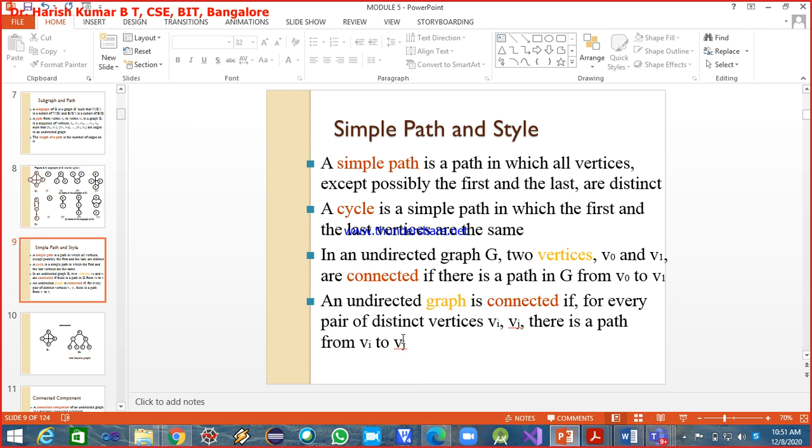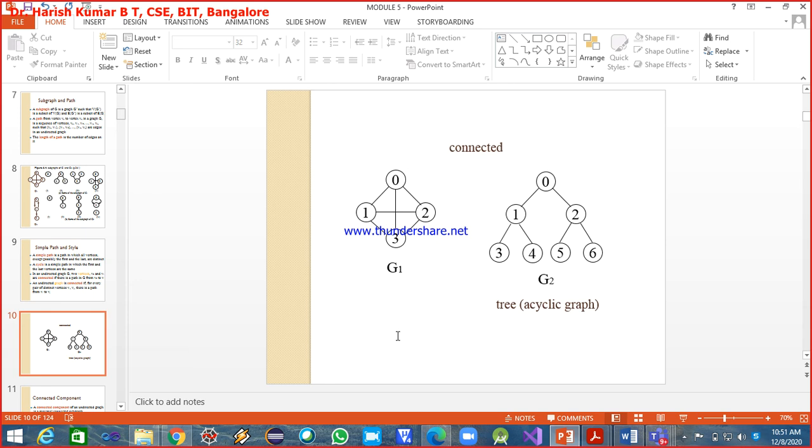If there is no path between any one pair of distinct vertices, then we say it is an undirected graph, but we don't say it is connected. Now, these are the examples for the undirected connected graphs.